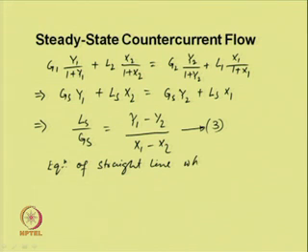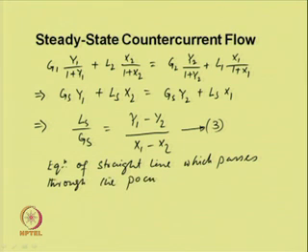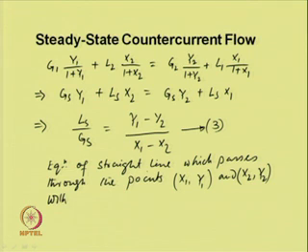Which passes through the points capital X1, Y1 and X2, Y2 with a slope Ls by Gs.